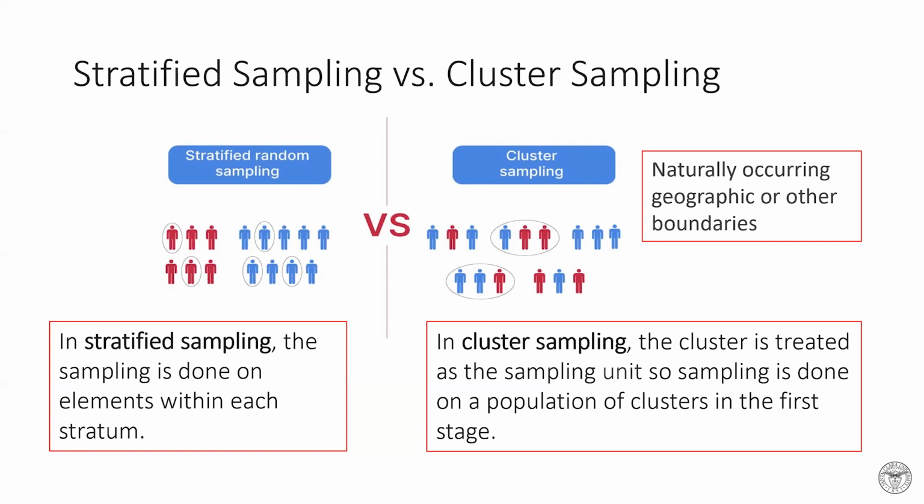With stratified random sampling, these natural blocks may not exist, but you divide your target population into strata in terms of a certain characteristic. The second main difference is that in cluster sampling, the first stage sampling unit is the whole cluster instead of sampling individuals from within each group, like in stratified random sampling. Although in the second stage of the sampling, cluster sampling also randomly draws samples from the selected cluster.